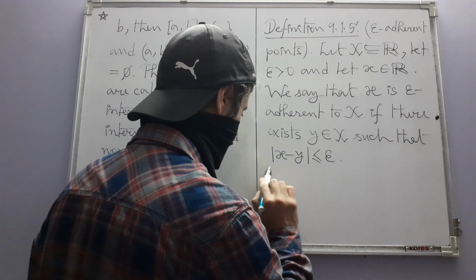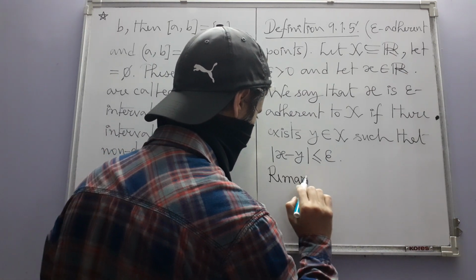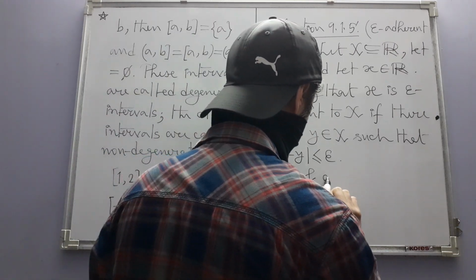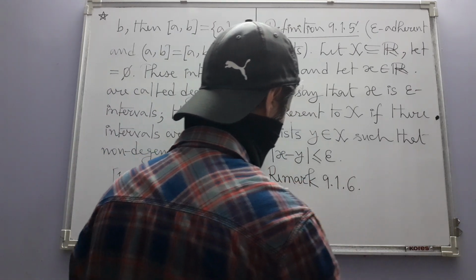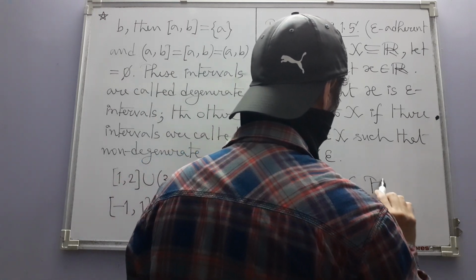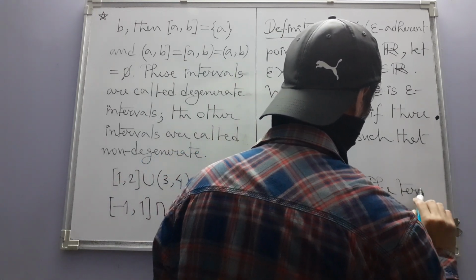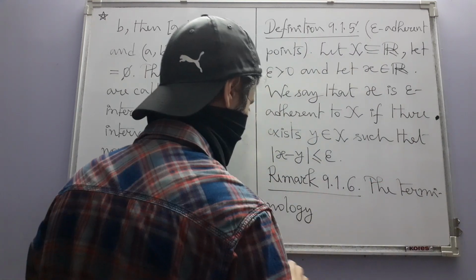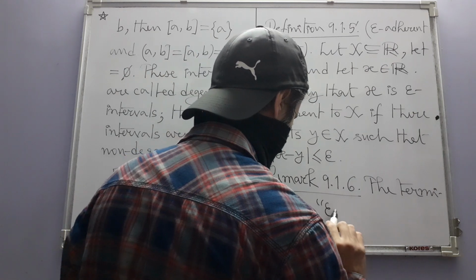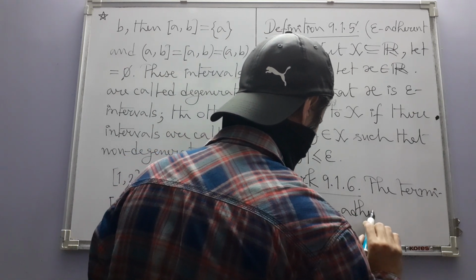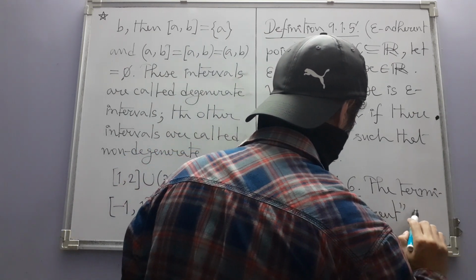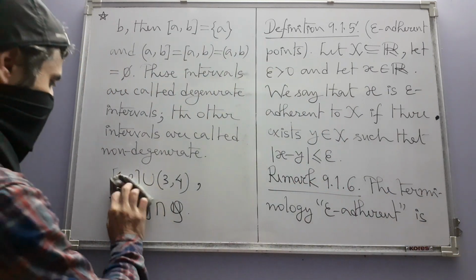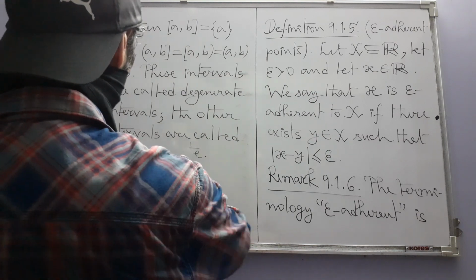There is a remark after this definition. Similar remarks have appeared elsewhere also before, where we defined some things. The terminology epsilon adherent is not a standard one. You won't likely find this term in any other book.